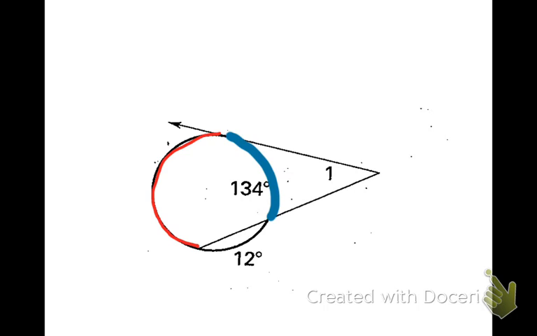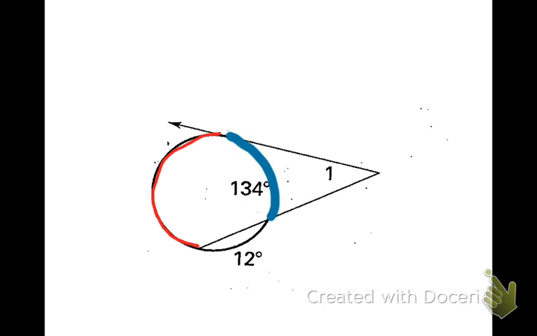This arc, right? The red line? I've got to figure out what the red line is. How can I do that? Gage, how can I figure out the red line? Brandon? Would you multiply the 134 by 2? No. We have to go all the way around the circle, right?